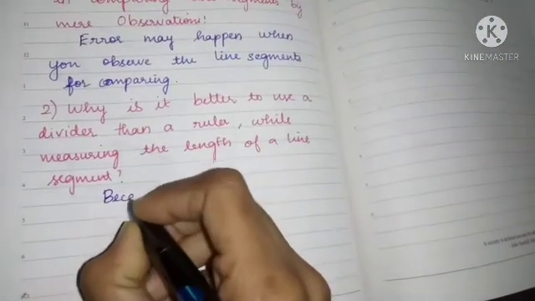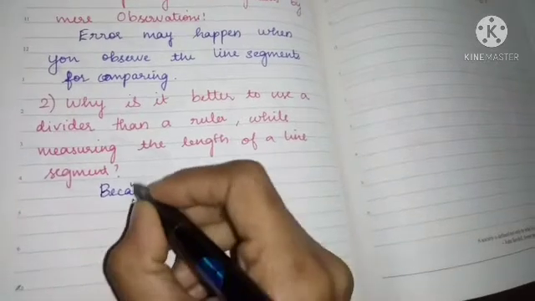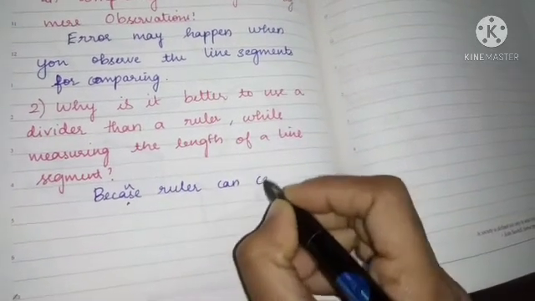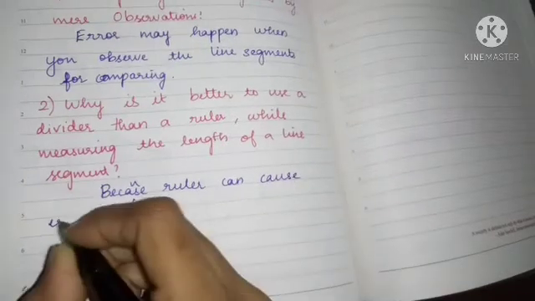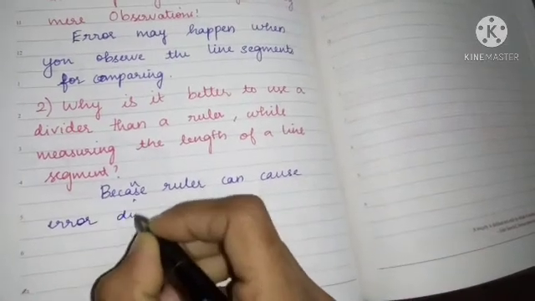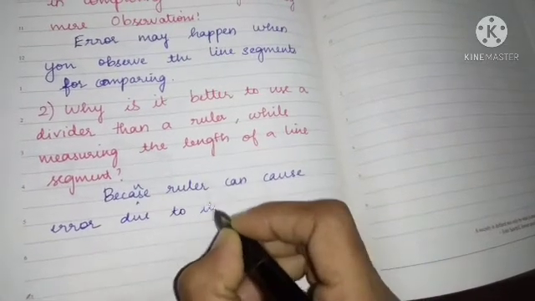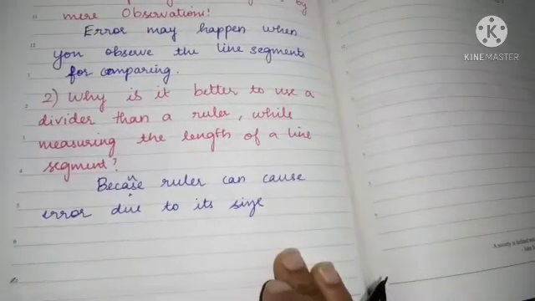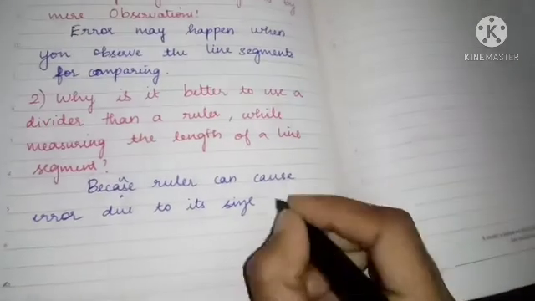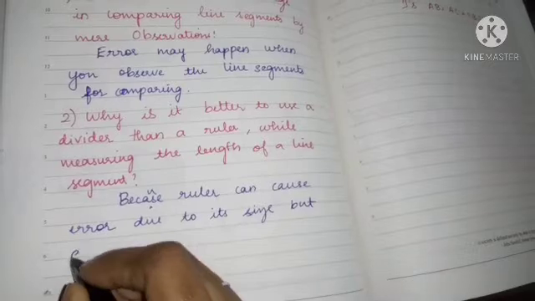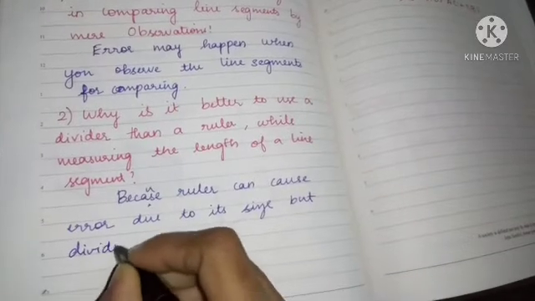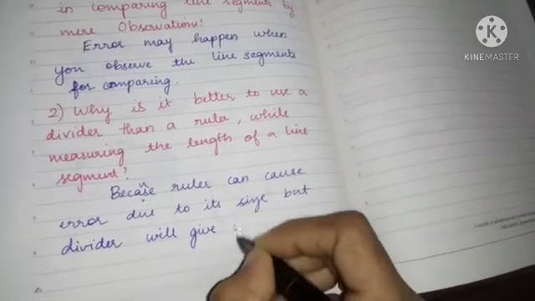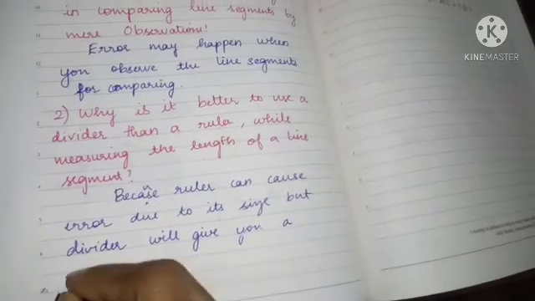Because the ruler can cause error due to its size, but the divider will give you an accurate measurement.